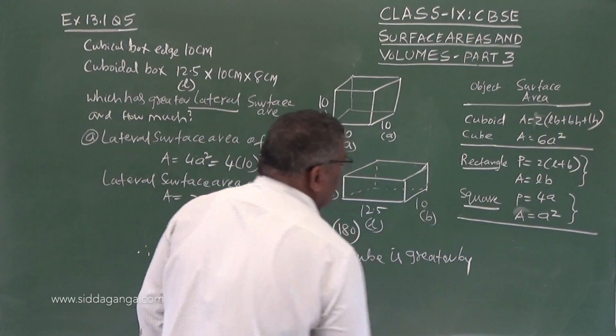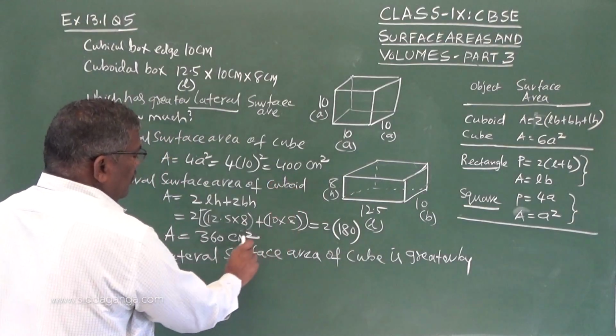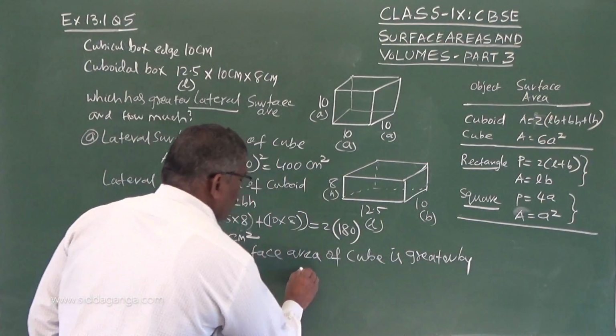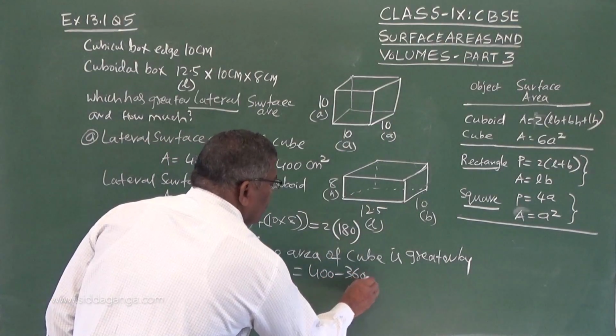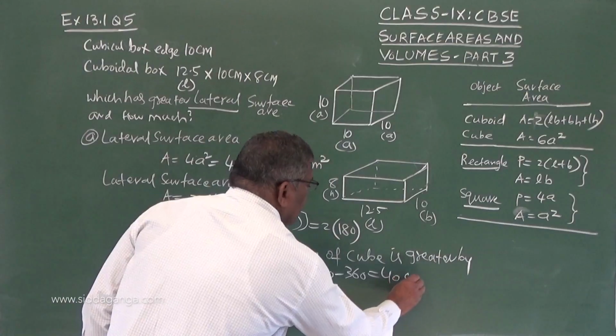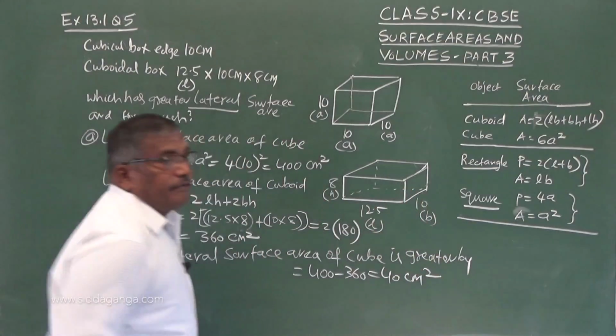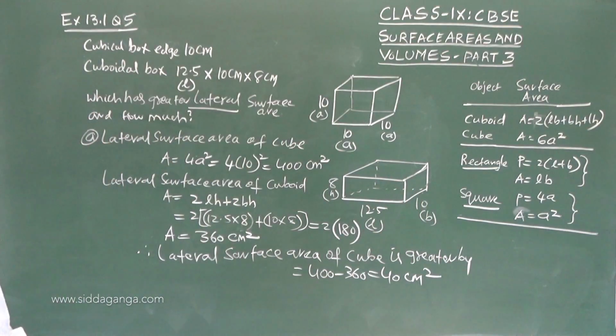By how much? This is 400, this is 360. So, I will calculate 400 minus 360 equals 40 centimeter square. This is the answer for the first question.